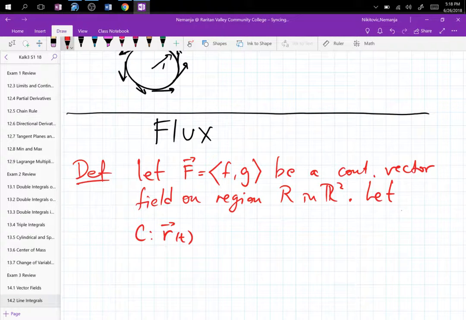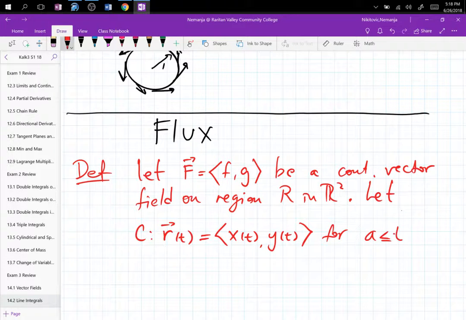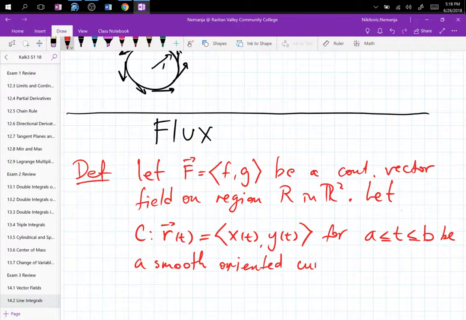So we have r of t is equal to x of t, y of t for a less than or equal to t less than or equal to b. So that's the interval for t. Be a smooth oriented curve in R that does not intersect itself.